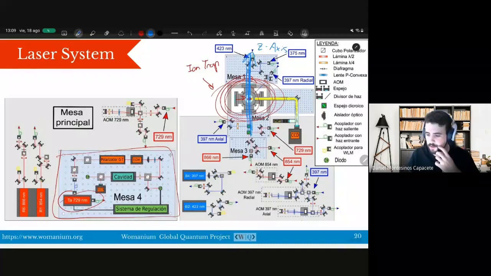I haven't said that. So all the lasers mainly are entering the trap in this direction. And we have this acoustic optic modulator that helps us in controlling a little the frequency, and also the time of the pulse in order to move along the Bloch sphere, right?